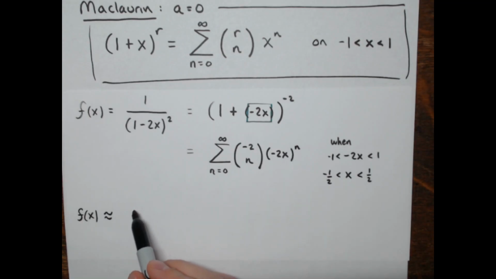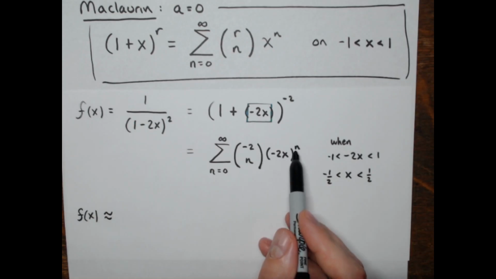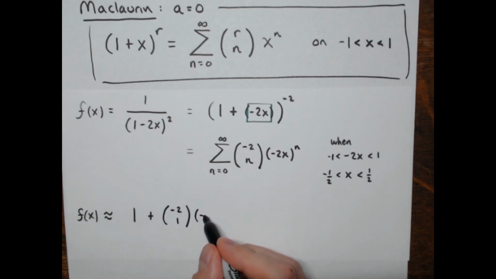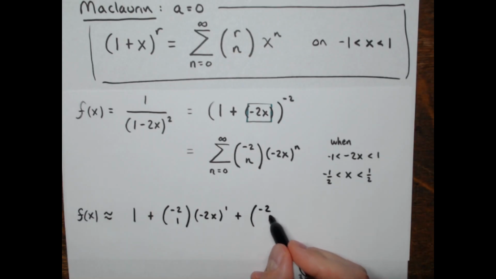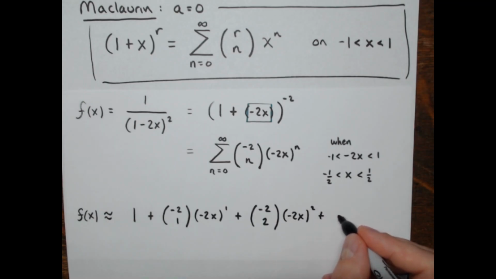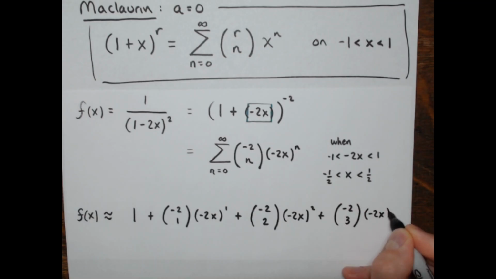So when n equals 0, you're going to get negative 2 choose 0 times something to the 0, which is 1, plus negative 2 choose 1 times negative 2x to the first, plus negative 2 choose 2 times negative 2x squared, plus negative 2 choose 3 times negative 2x to the third.